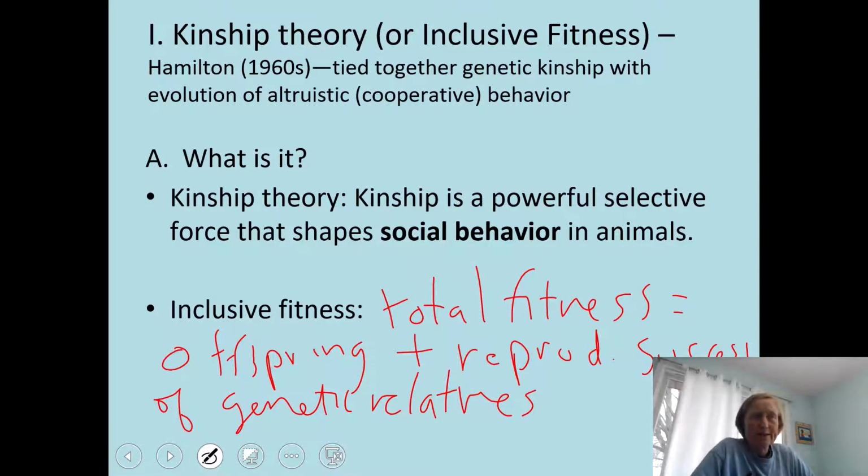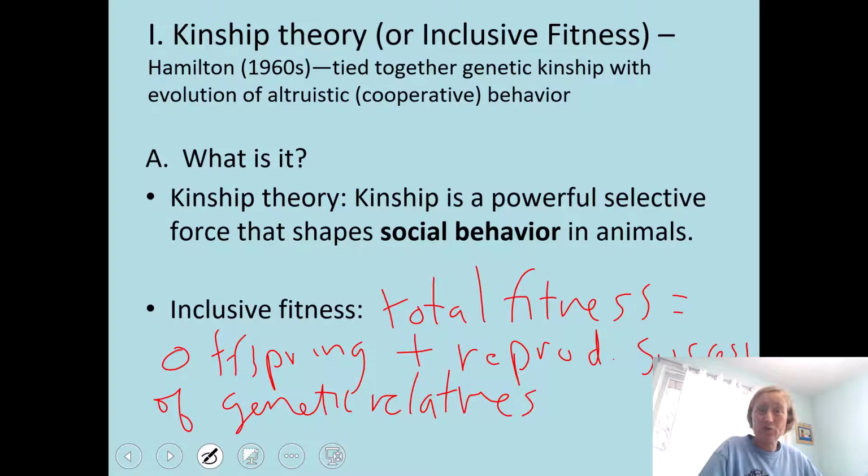So if we're talking about scrub jays, a scrub jay's inclusive fitness would include all of the offspring it produces plus all of the relatives it helps to raise. And if a behavioral trait contributes to an animal's inclusive fitness, then it should be selected for. That's kin selection. Kin selection is essentially the selection of traits that raise one's inclusive fitness, including direct and indirect fitness benefits.